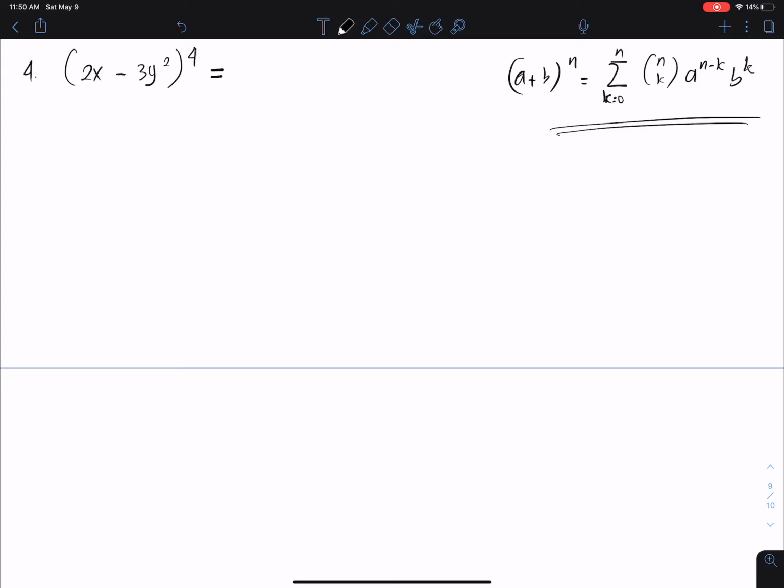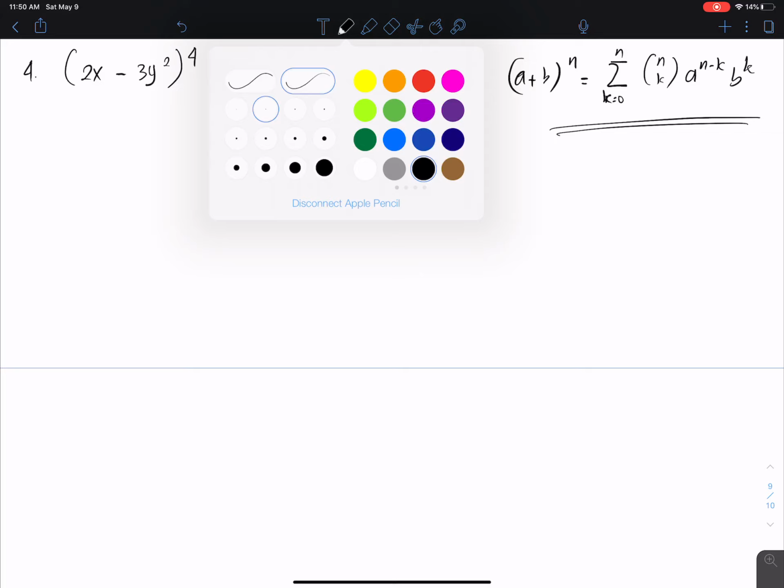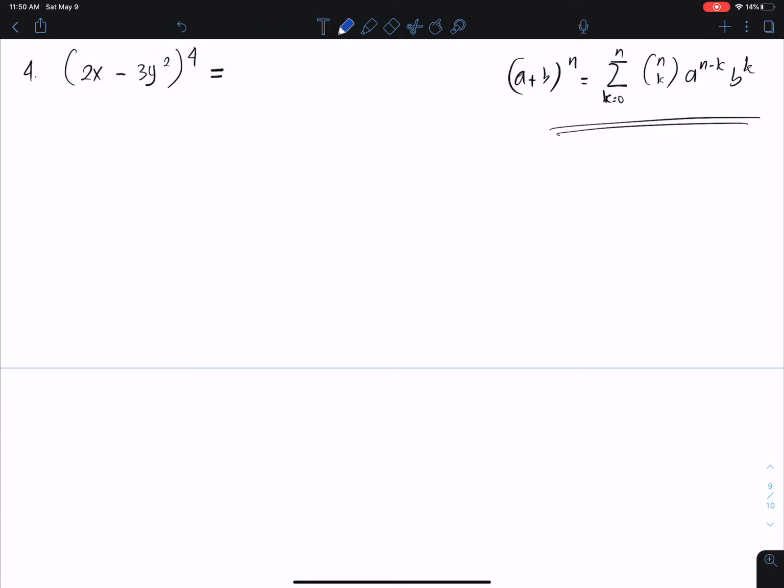So here we will start to answer this question. Before that, I would like to let you know how we can transfer this form to still use a plus b. I'm going to say that 2x is the a, and the b will be minus 3y squared.